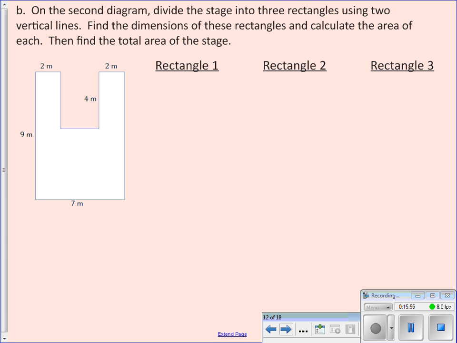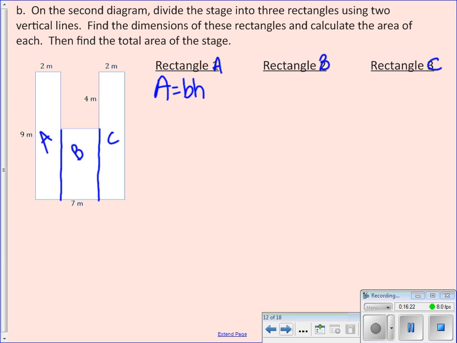Now, let's take a look at the same diagram, same measurements. It's still an irregular shape, but this time the directions are telling us to use vertical lines. So here is shape A, B, and C. They're all rectangles.